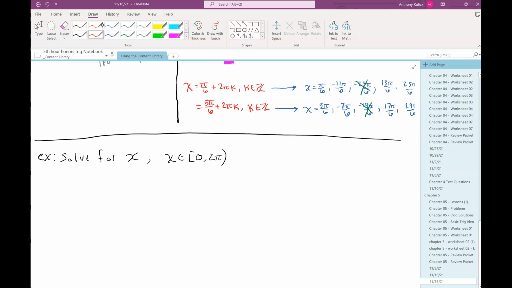The parenthesis means that number is not included, so 2 pi cannot be an answer. Everybody good? As a reminder of what those mean. Let's do some examples here.